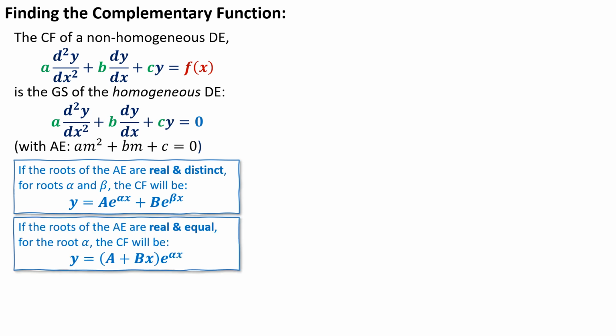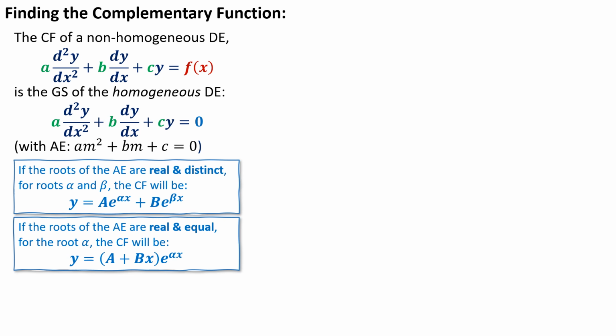Now things get a little stranger if the two roots are equal. So if you've got a repeated real root, and this produces the interesting effect that because you've only got one root, you haven't got a nice way to create two different solution sets that you can put a different arbitrary constant in front of. But it turns out in the special case where you've got a repeated root, it's not just e to the root times x that works, but also x e to the root times x.